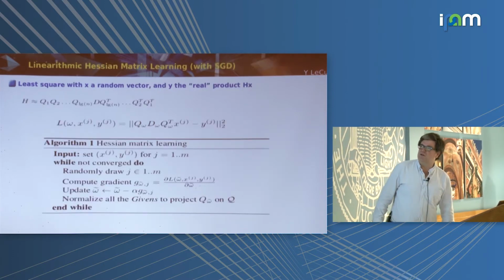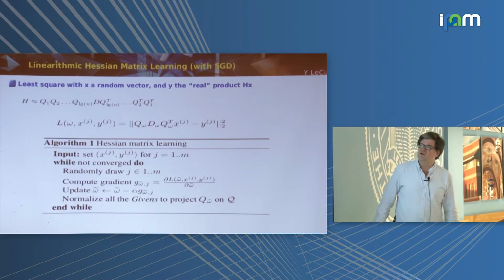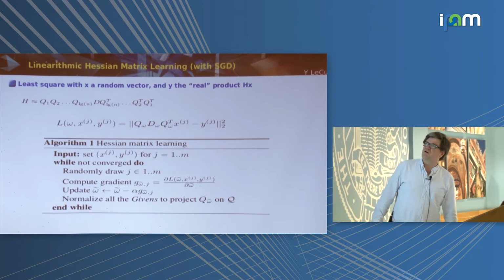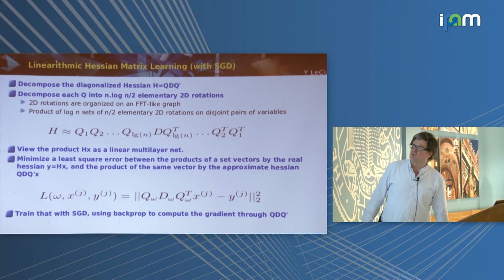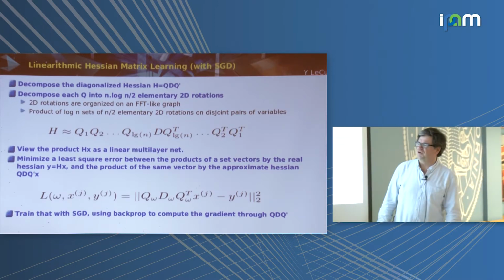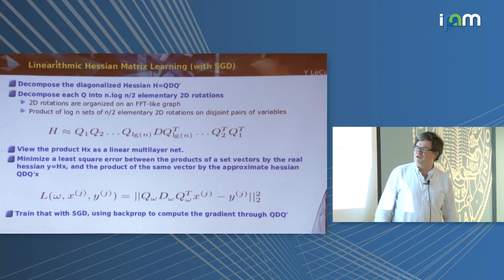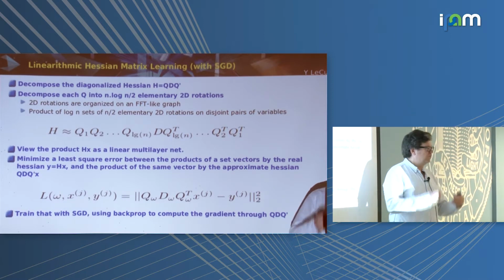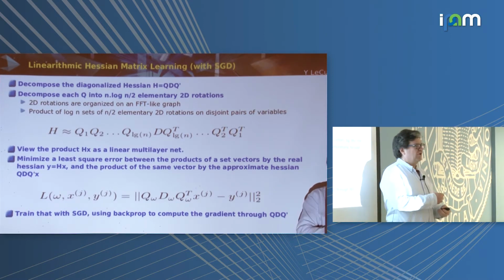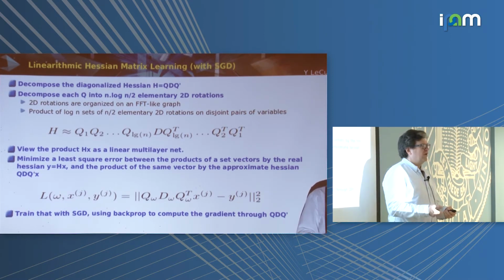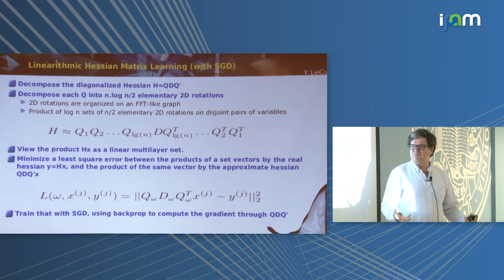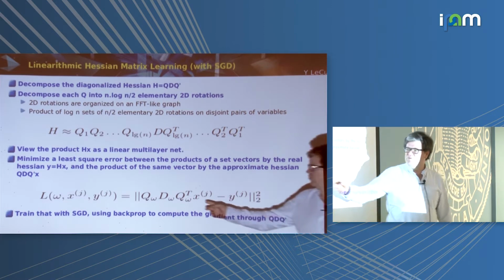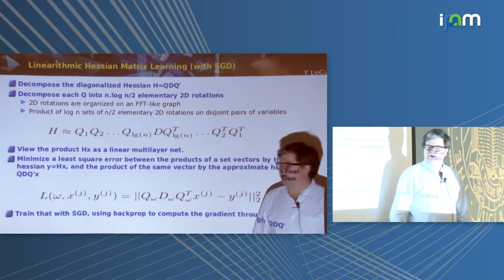That turned out to be complicated, but one thing we could do was figure out if we could take a random matrix and see how well we could approximate it by this kind of approximation. So pick a random matrix, feed a bunch of vectors to it, and then use that as a training set to train a matrix parameterized this way.